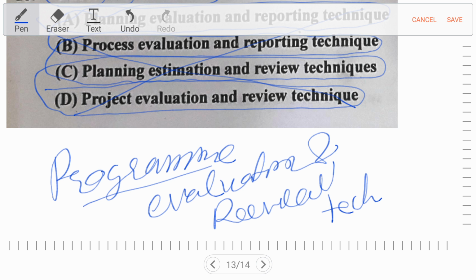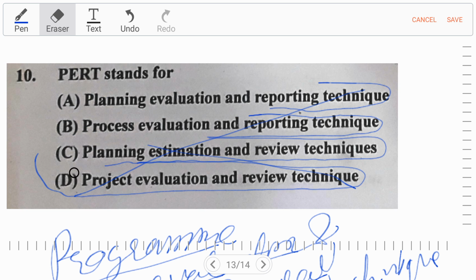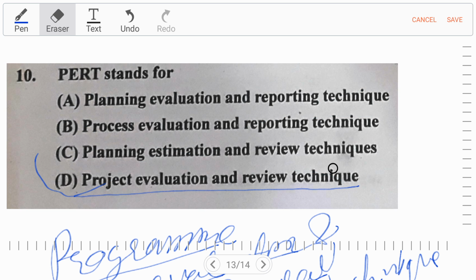I repeat, program, evaluation and review technique. This is the right full form of PERT. Sometimes it will happen in an exam that all options given in the question are wrong. Keep in mind.